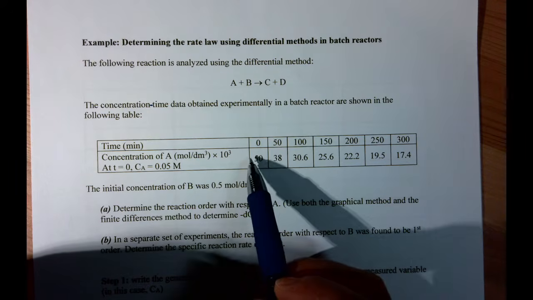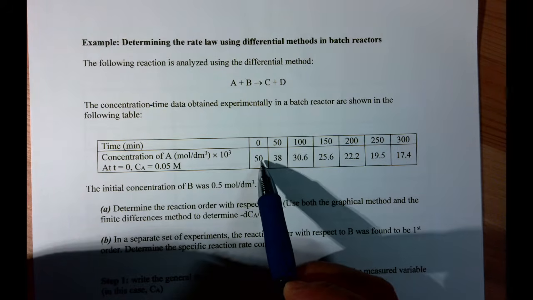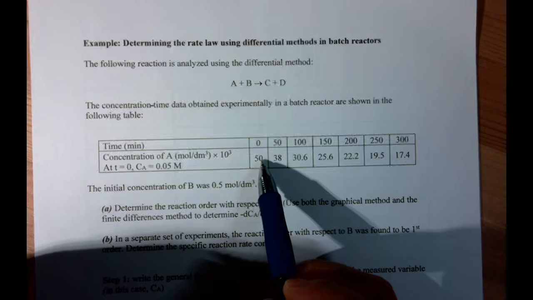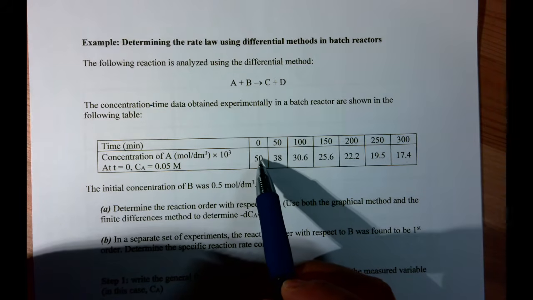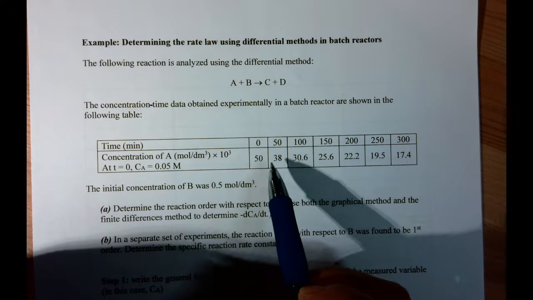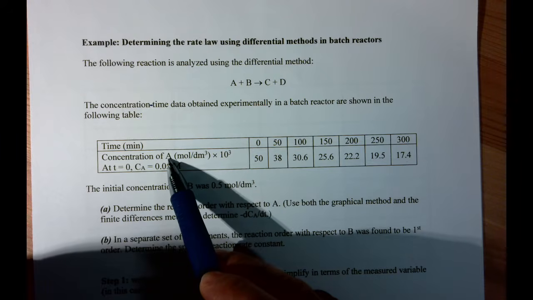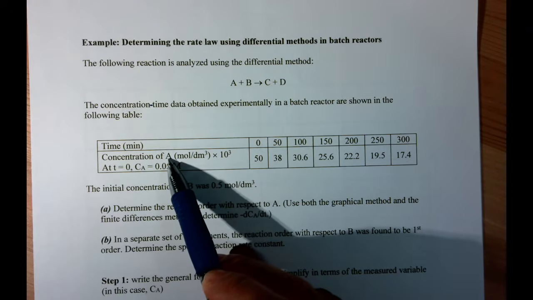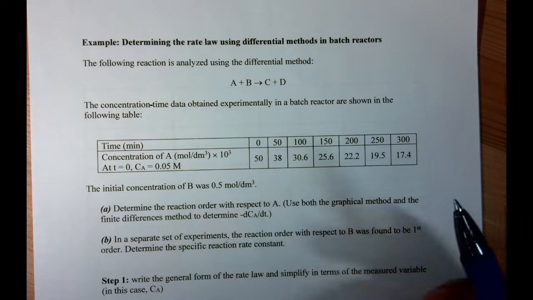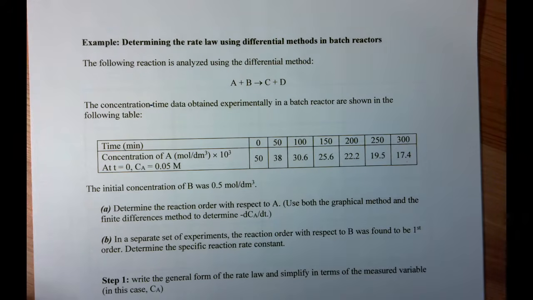In reality, the concentration of A at time 0 would be 50 multiplied by 1,000. So if we divide by 1,000, that's what the concentration of A is going to be in moles per cubic decimeter. So it would be 0.05 moles per cubic decimeter.